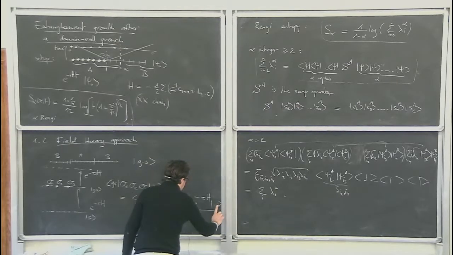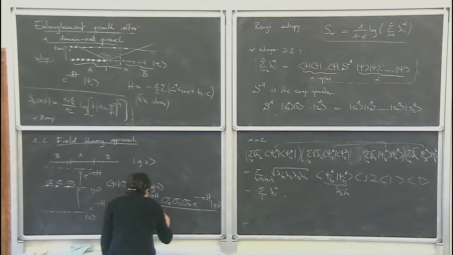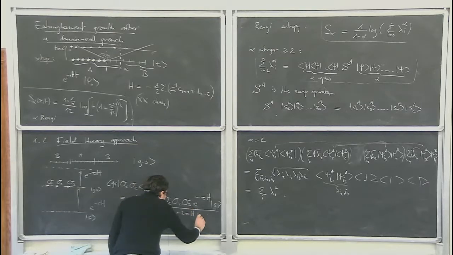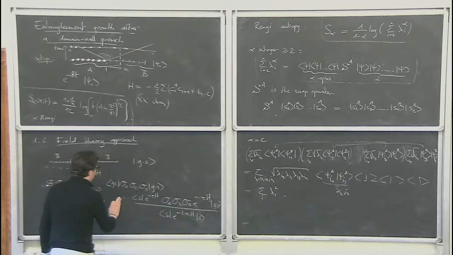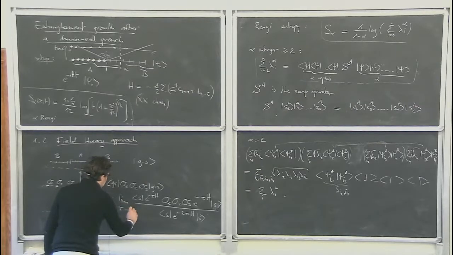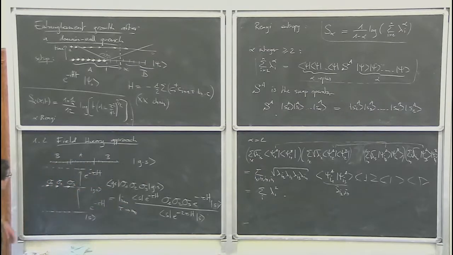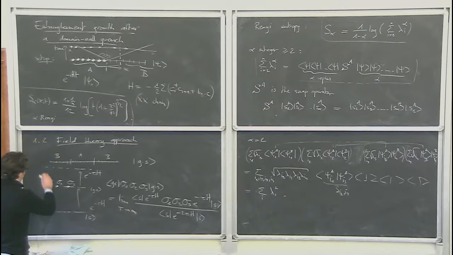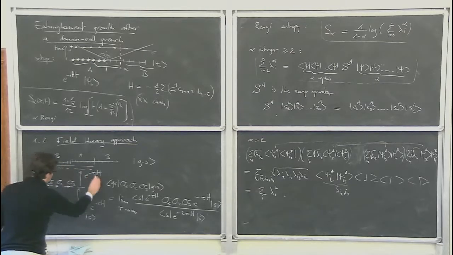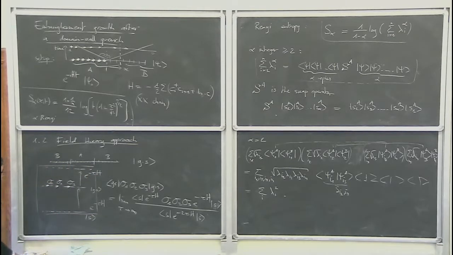Sorry, this is not the ground state, this is some state S, and this takes care of the normalization. If you take the limit tau goes to infinity, this gives you the ground state correlation. And so by applying this trick in field theory, you end up calculating correlation functions in the plane.